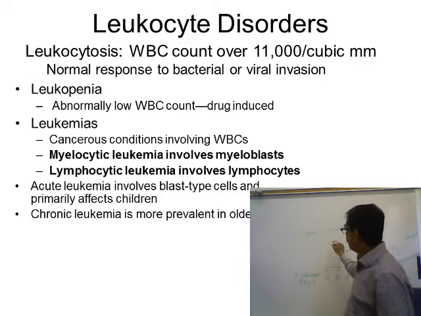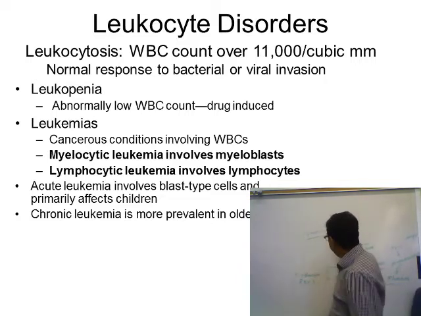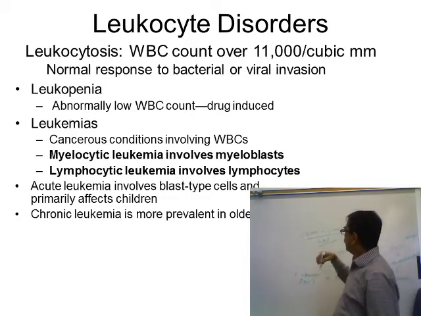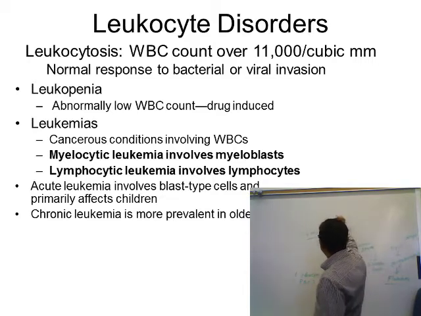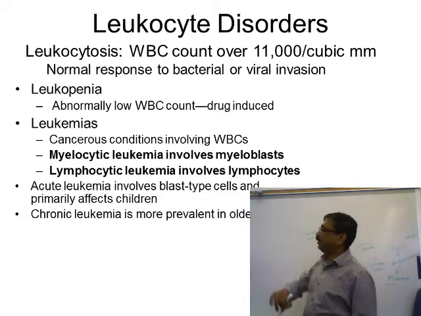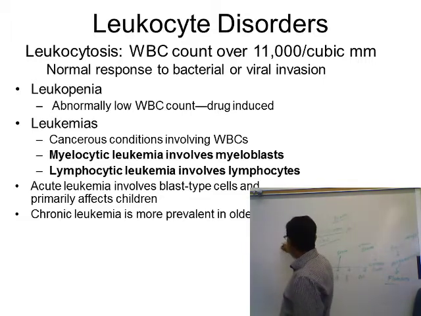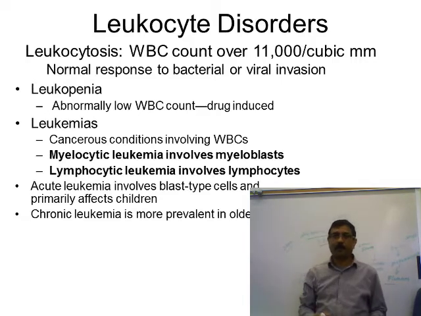Okay, so this is the normal count of white blood cells. If the number is, for example, 15,000, then we will say leukocytosis. If the number is 2,000, we will say leukopenia.